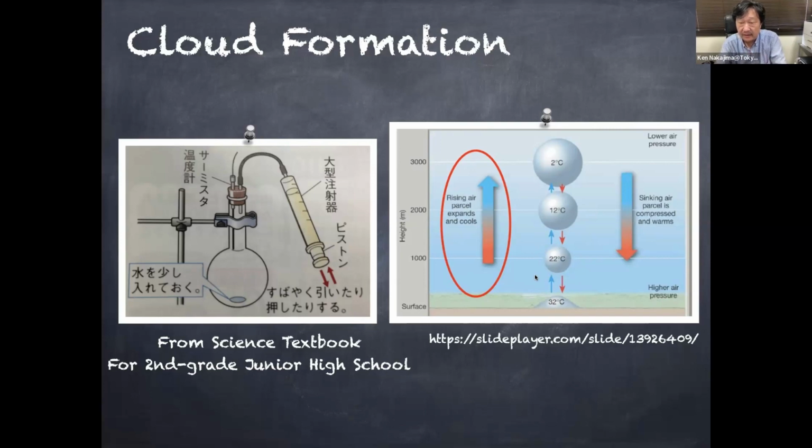Then if due to some air flow from the lower side to the higher side, the pressure decreases, then the volume of that area, the air expands, and the expansion of the air results in a decrease of the temperature. Then water vapor starts to turn into water droplets. That is a very simple explanation of cloud formation.